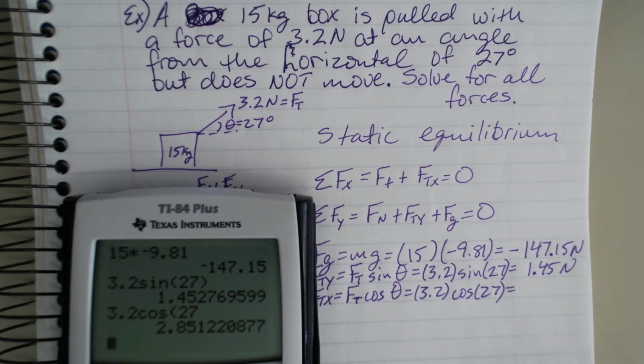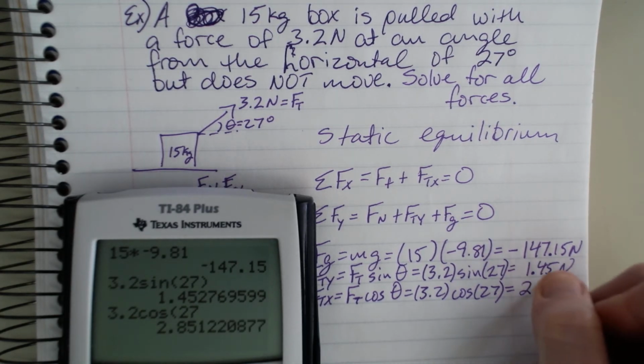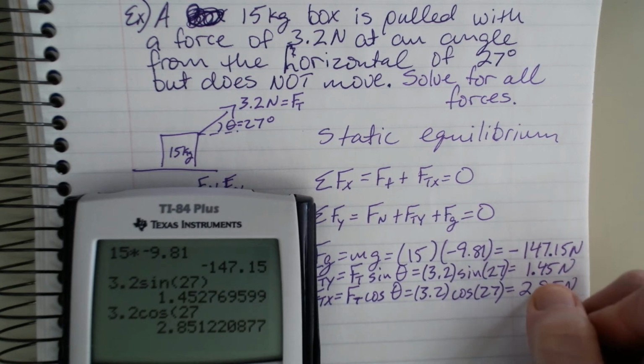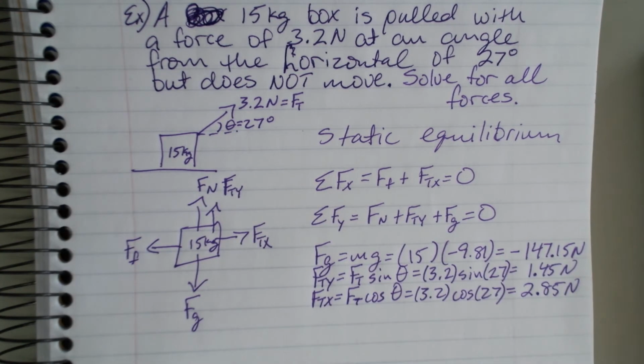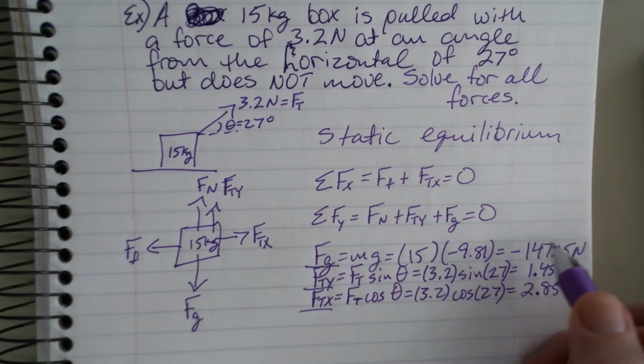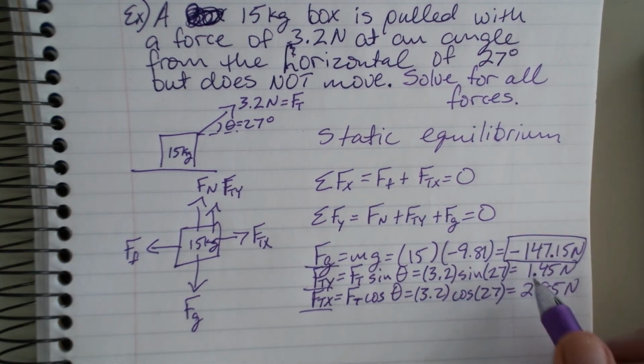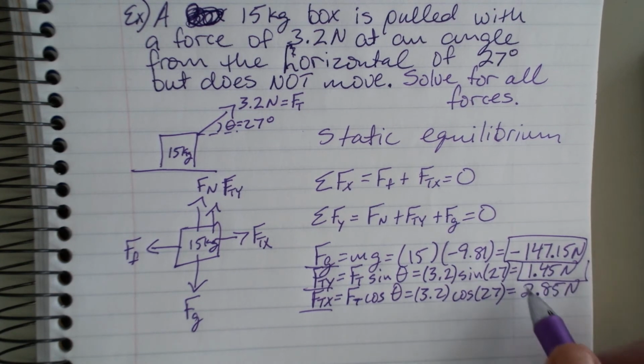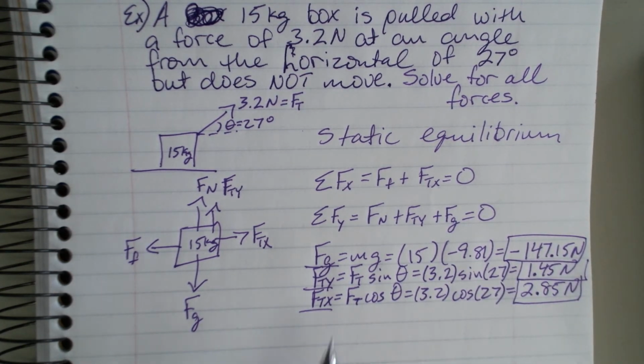Okay, so 2.85 newtons. All right, so I've solved for 3 of my forces, right? I've solved for Fg, I've solved for Fty, I've solved for Ftx. The Fty is called the vertical component. The Ftx is called the horizontal component of the tension, okay?